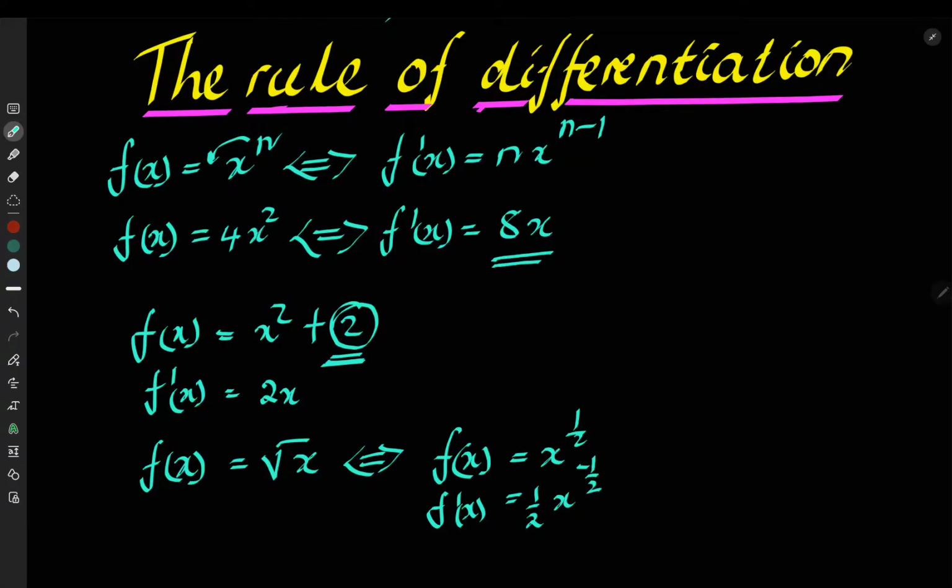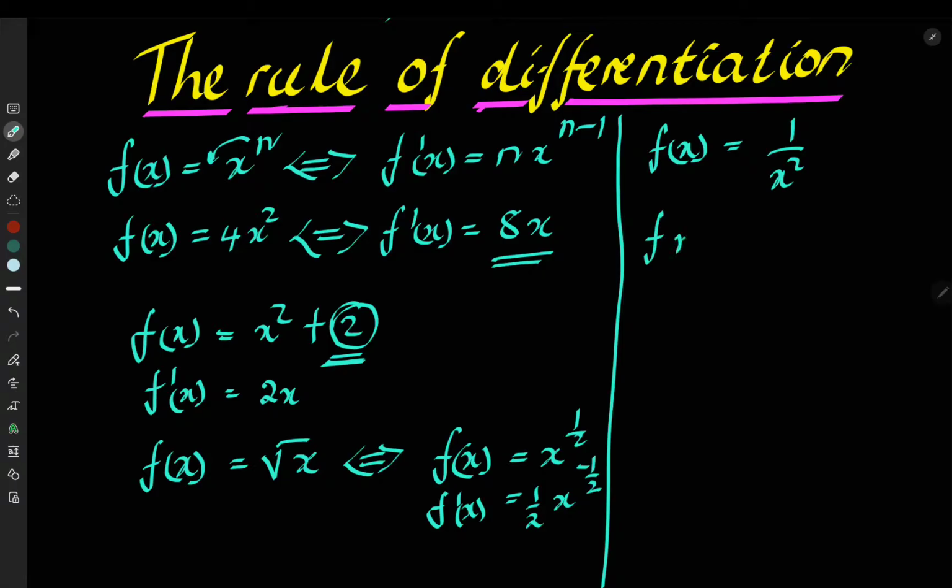Again, the other thing that you need to take note of when you're doing differentiation using the rule is, if you have a function of x and your variable is at the denominator, again, do not differentiate when the variable is at the denominator. You want to bring that variable to the numerator by applying laws of indices, and that will be f of x is equal to x to the power negative 2.